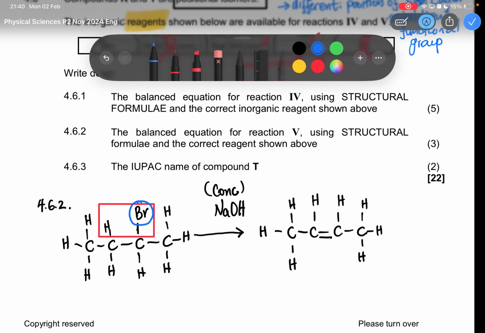When that happens, this Br is going to form a salt with Na. Then we are going to have NaBr. Then that hydrogen over there is going to now react with the OH to form what? Water.